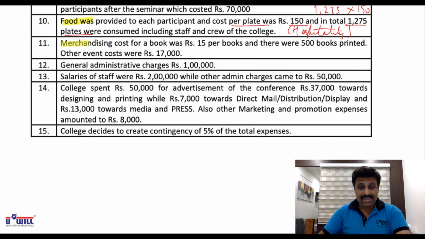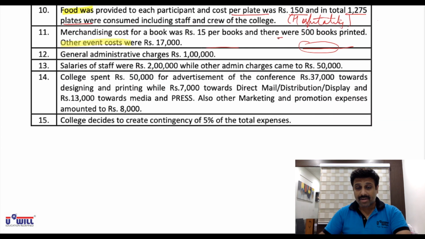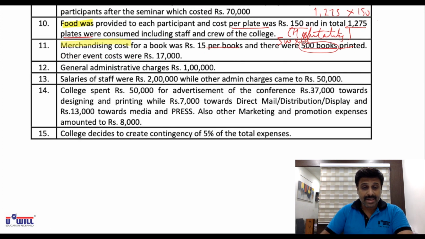Then merchandising cost of a book was 15 per book, and there were 500 books printed. We have seen here also 500 books were printed. So this 500 into 15 will be a part of merchandise cost. Then general administration charges. So in general administration charges, salaries of staff will come in salaries of staff. Other administration charges will come in other administration charges.